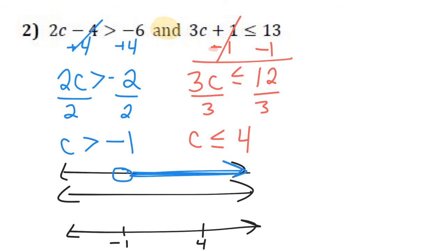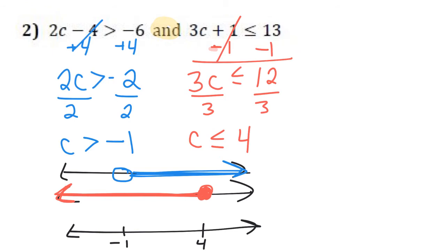So that's that blue inequality that shows me all the numbers that will work for the first inequality. Let me grab my red pen. And on the second line, it tells me I need to show numbers that are less than or equal to 4. So I'm going to fill in at 4. We can count 4, but then less than, so those values are going to the left. And that shows me all the numbers that will work in the second inequality.